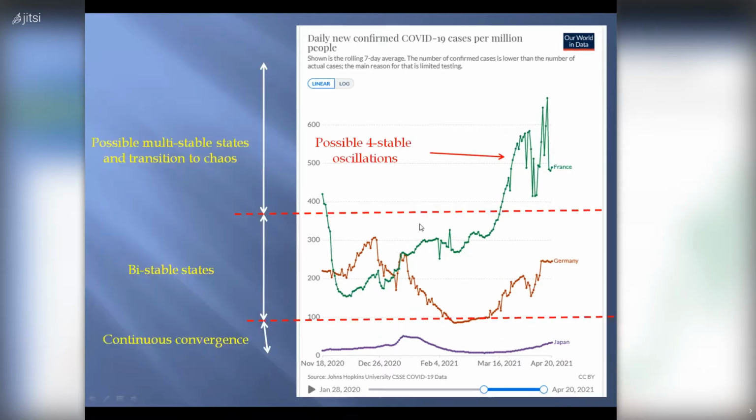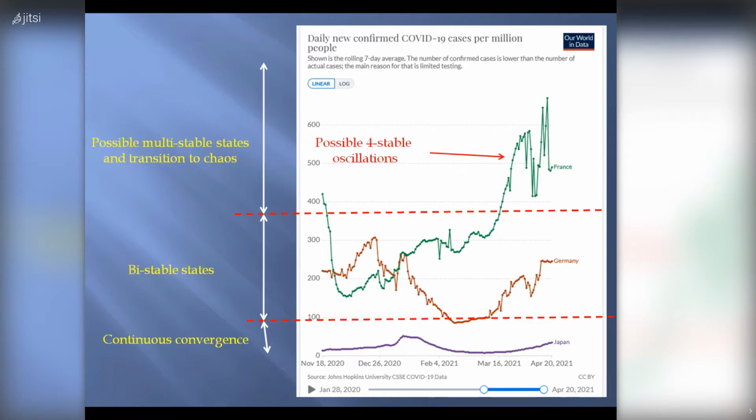So we come back to the same figure, and we can separate the different places of this figure into three different zones. At the bottom here, for a contamination rate lower than 100 per million individuals, you have the Japan case, where you have slowly drifting attractors, but with no ECGs or flat ECGs.